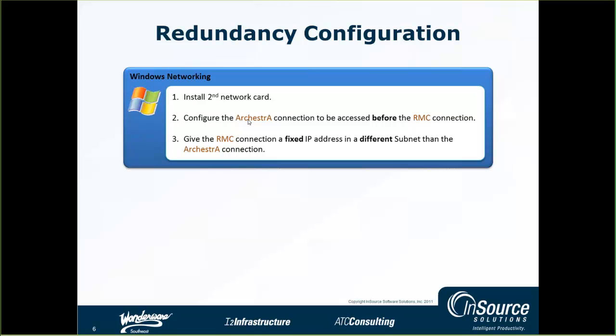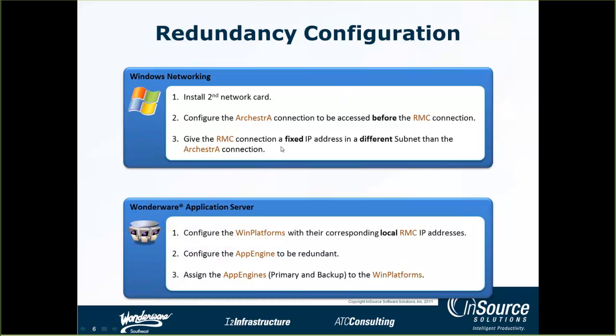Also the remote message channel needs a fixed IP address on a different subnet, so maybe just 10.10.10 or something like that, something completely different from your real network subnet. On the application server side, we just configure the Win platforms with their local RMC addresses, so the RMC address of the network card where it's going to be deployed. Then configure the app engines to be redundant and assign the app engines the primary and backup to the Win platforms.